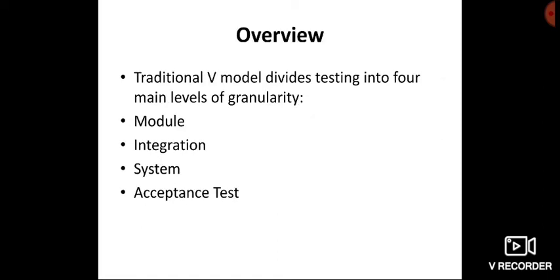Regarding the overview, traditionally the V model is one of the models we follow for software testing. The traditional V model divides testing into four levels of granularity. We came across this concept previously when talking about different kinds of testing.